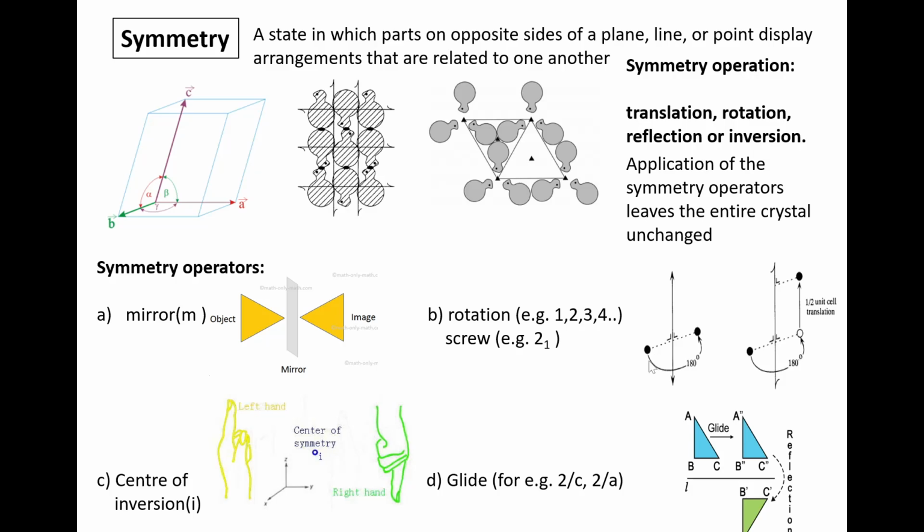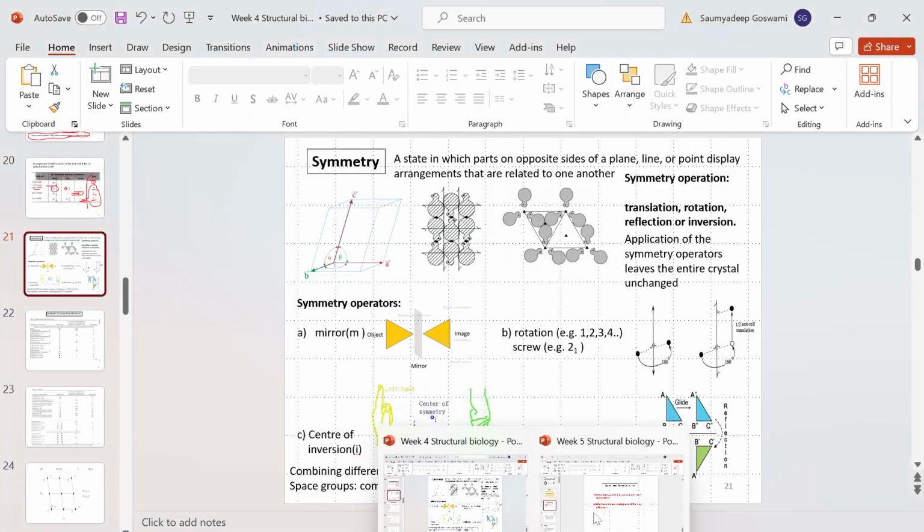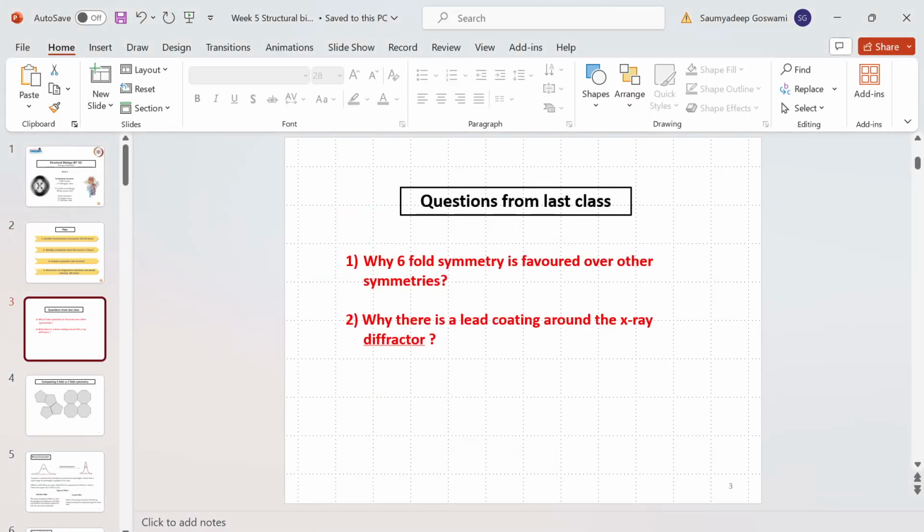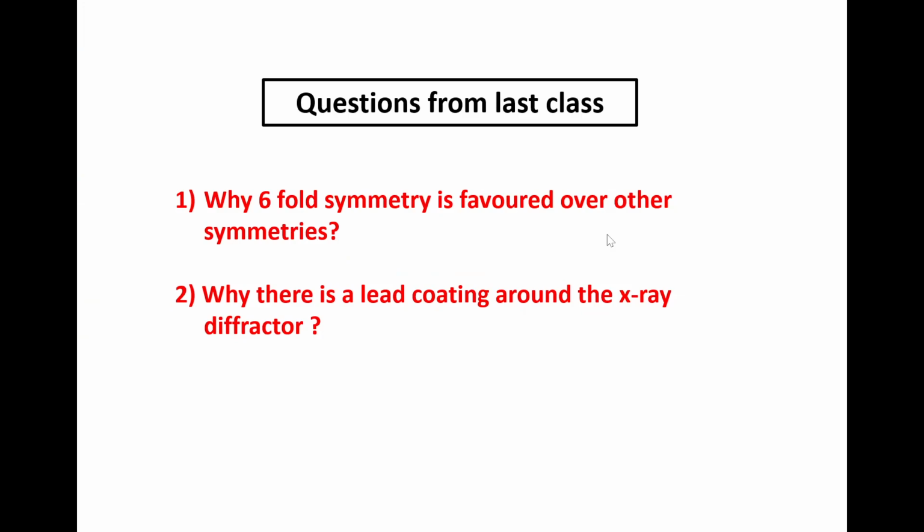Those two objects are connected by six-fold rotation, and these six-fold rotations are mostly found in crystals. I asked why that is so, and that I was discussing today in the first question: why six-fold symmetry is mostly favorable over other symmetries.